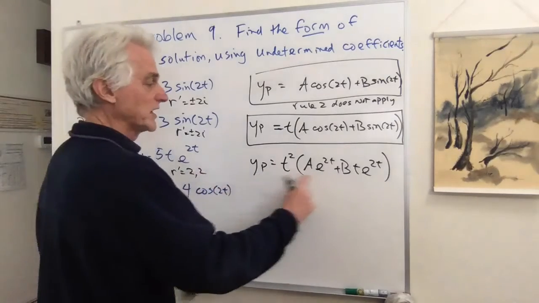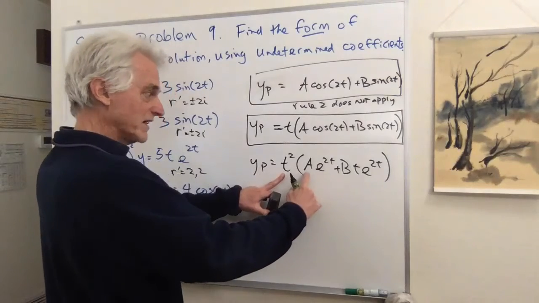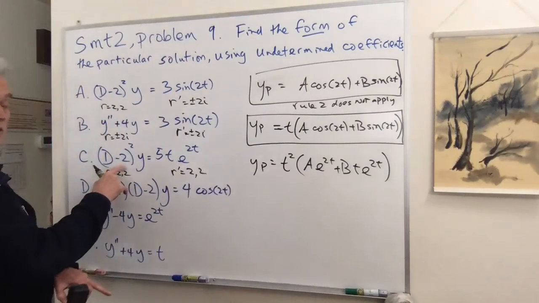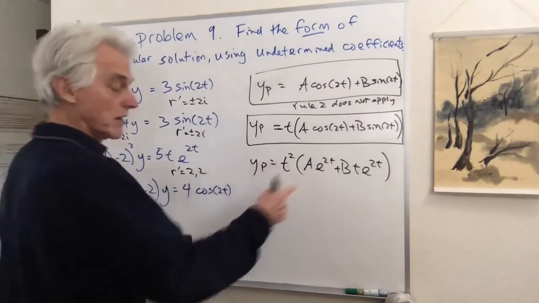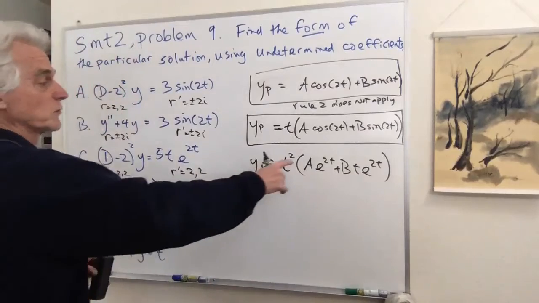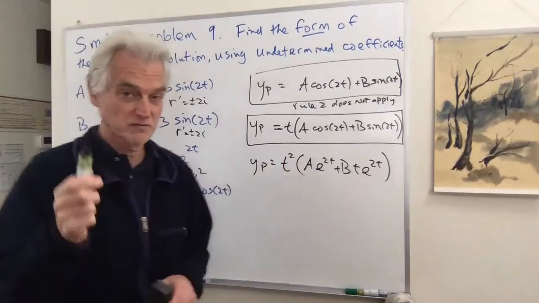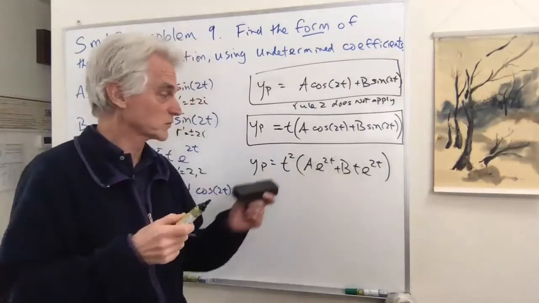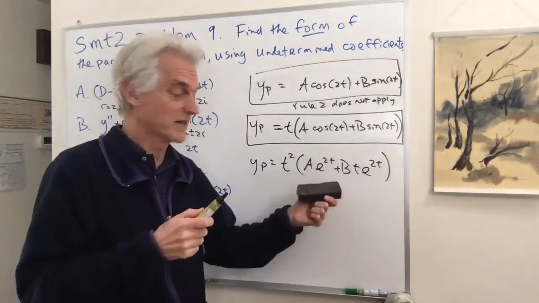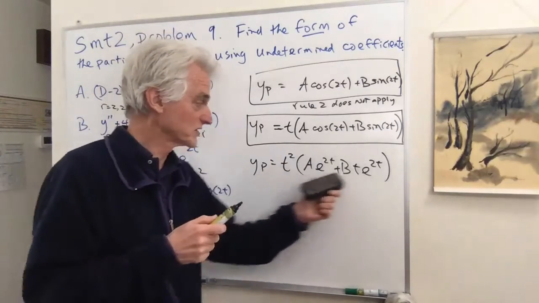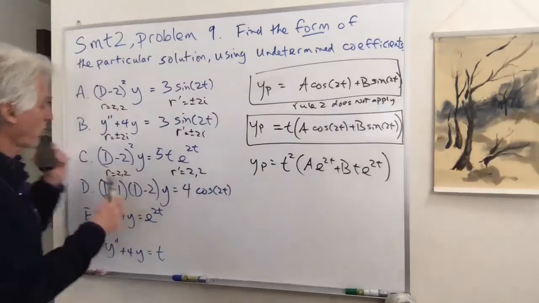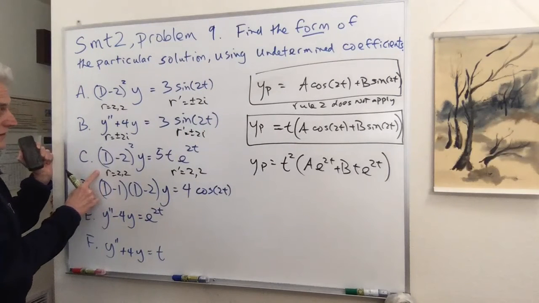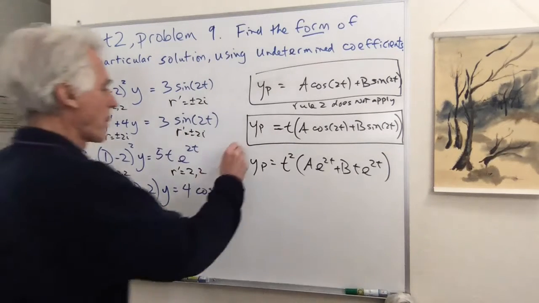But if I plug in t squared e to the 2t, I don't get 0. Okay? So that's why the smallest power of t I need to multiply this rule 1 guess by, in order that none of the solutions in here are in YH. Okay? All right.